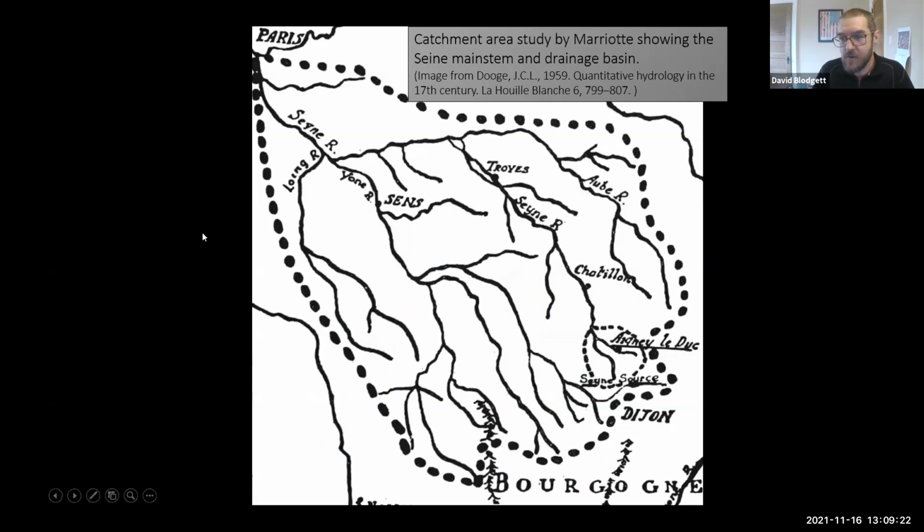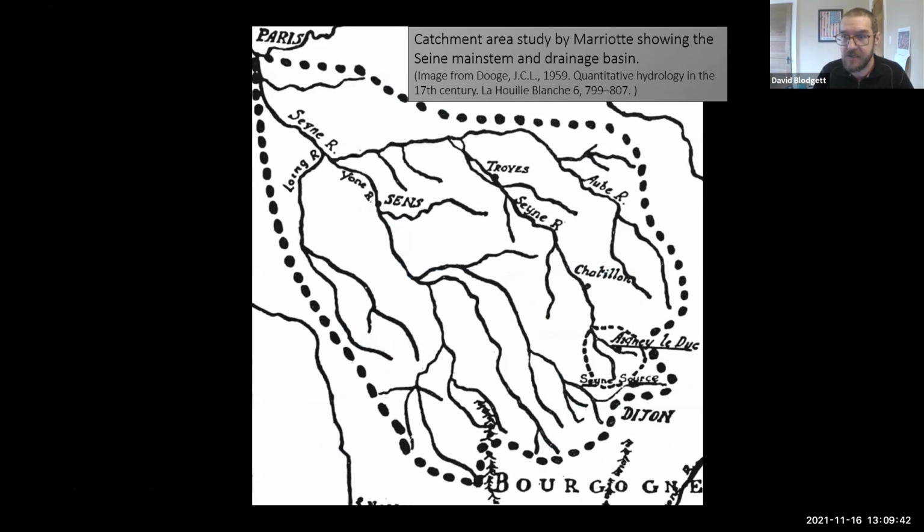So let's go back in time to the very beginning. I did a fairly deep search of the literature for where some of these ideas originated, and how early we can go back and find these concepts of drainage basin and mainstem. And I love this graphic.